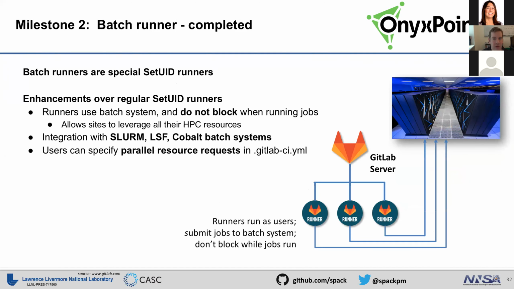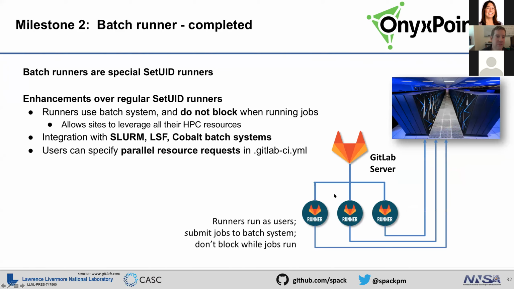The other thing that we're doing is, the regular setuid runners would run on the login node. And so, yeah, you could run srun from within one of those, or you could submit something to the batch queue, but we'd really like to have it so that the CI system knows about the batch system. So we've built these batch runners as well in conjunction with Onyx Point.